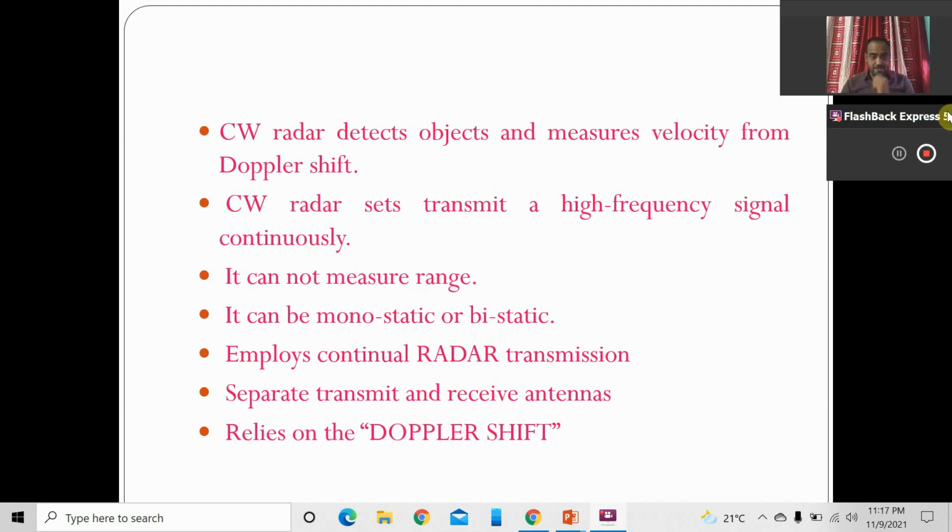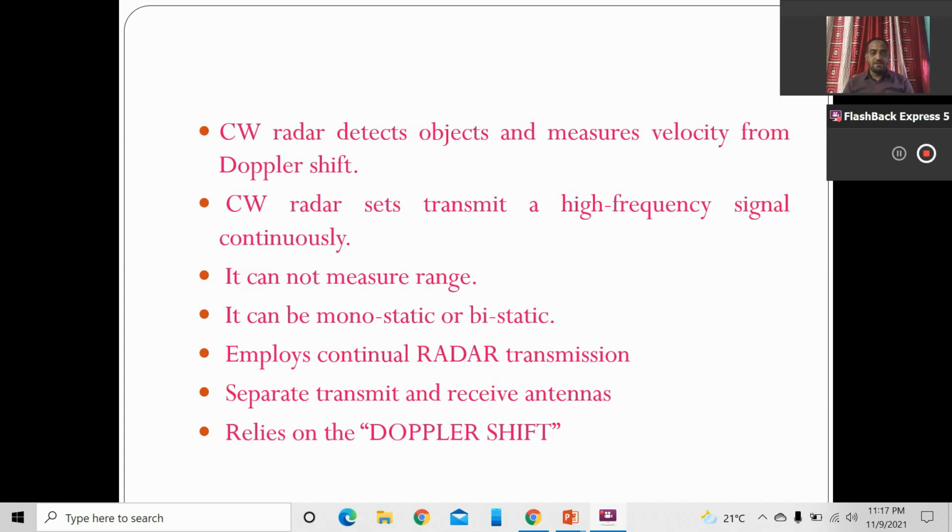The next point is that the CW radar can be monostatic or bistatic. If the radar system is stationary and the target is also stationary, that is called bistatic. If the target is approaching us, consider we are standing in an air traffic control room and the flight is approaching us, this case is called monostatic.